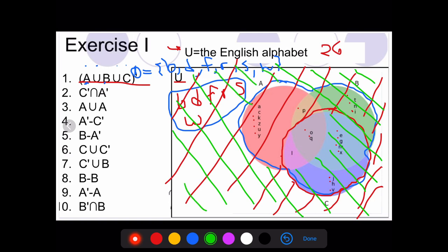All right, so now we want the intersection. Intersection means that, remember, the complement of C is red and the complement of A is green, so we want everything that is both red and green. We want all the areas that are both red and green.